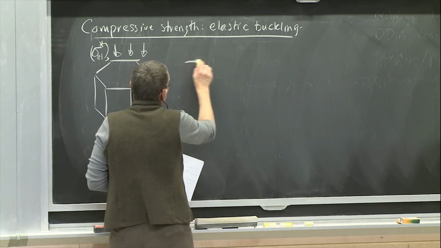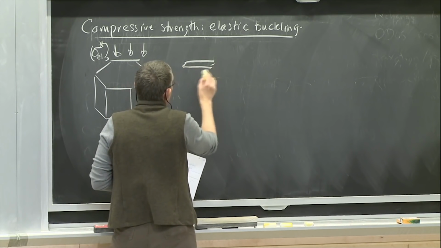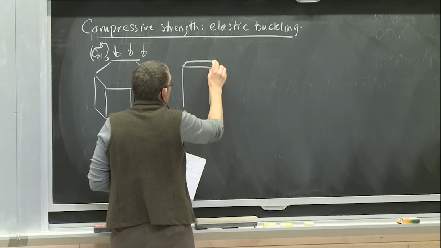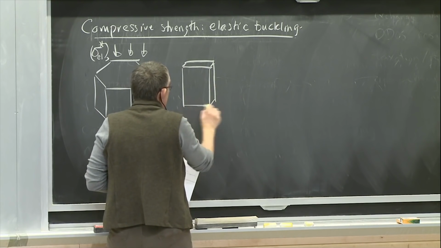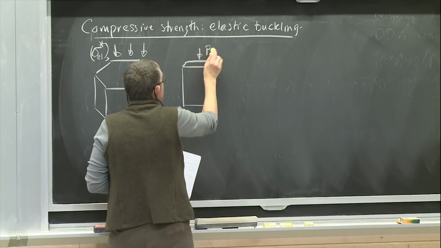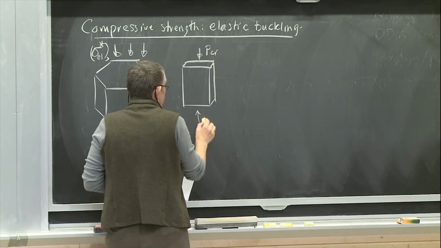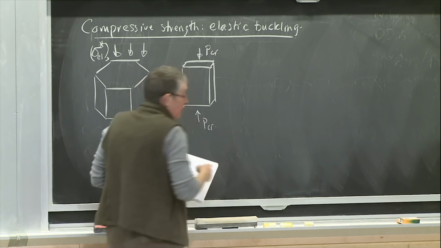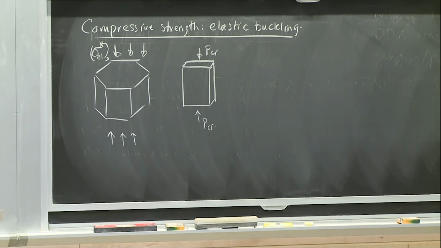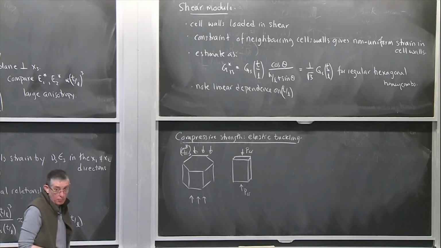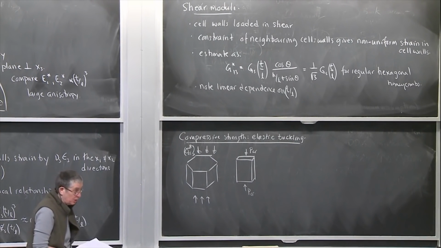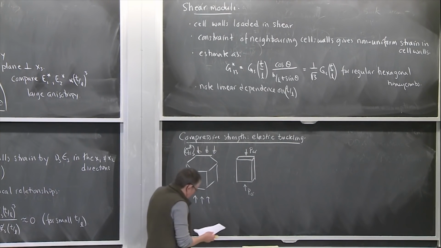And what we're going to do is just look at the buckling of a single plate. So we're going to analyze it just looking at a single plate and then adding up how many plates we have per unit cell. It's actually more complicated than this because obviously the plates are attached together and there's some constraint by attaching the plates, but we're not going to worry about that.